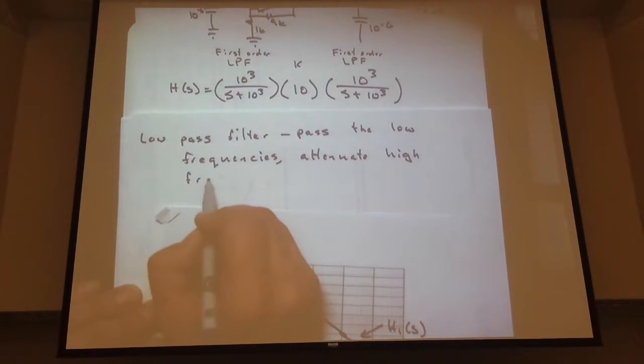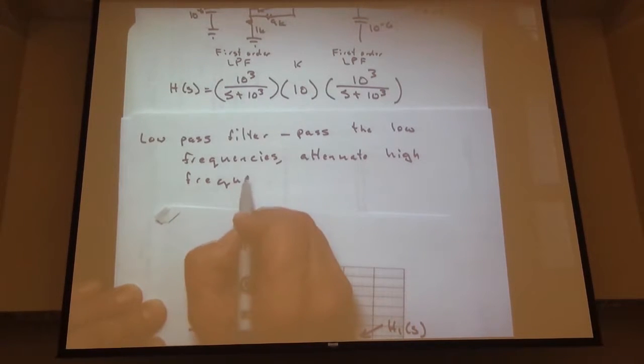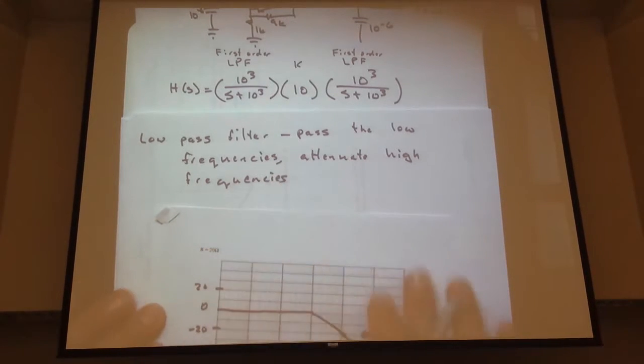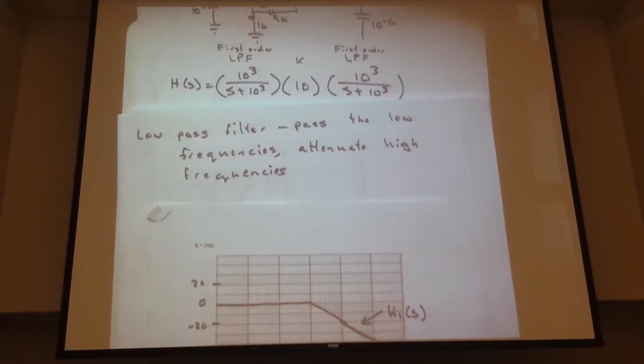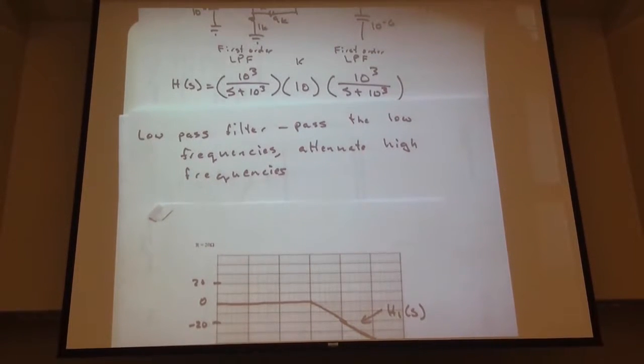And again, low and high are qualitative terms. Low and high relative to what? Is what I'm asking. Relative to the cutoff frequency. So whatever circuit we design here, whatever R and C we pick, that's what defines low and high.